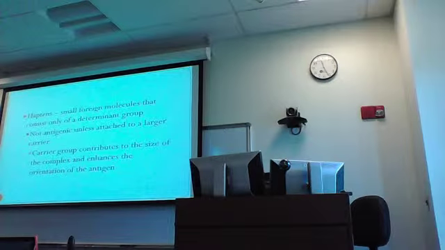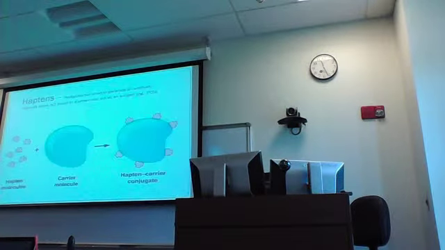It has to be stuck onto a carrier, and usually the carrier is a protein. Once the pathogen is attached to the carrier, the immune system can see it and make antibodies against it.